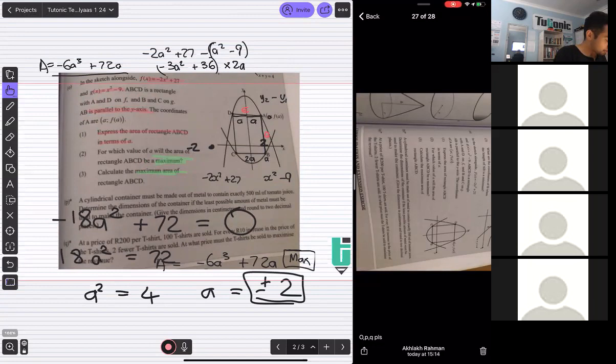We get 96. Minus 6 times minus 8 times minus 2 minus 96. So do you see how it can't be minus 2 because it's a negative answer, and area is always positive. So it's positive 96.